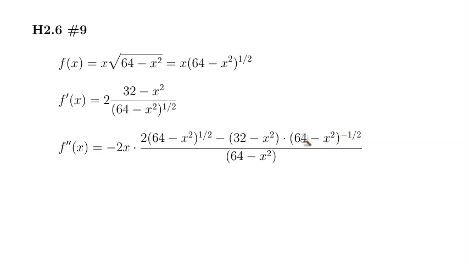I'm going to multiply top and bottom by the reciprocal of this guy. So the numerator is going to be 64 minus x squared raised to the positive 1/2 power. Then we do the same to the denominator so that we don't change the function.